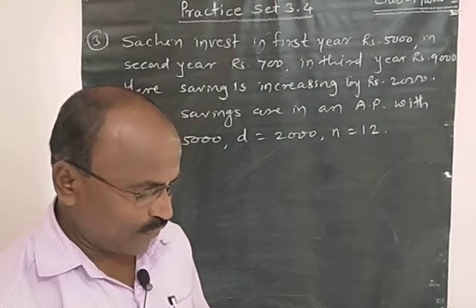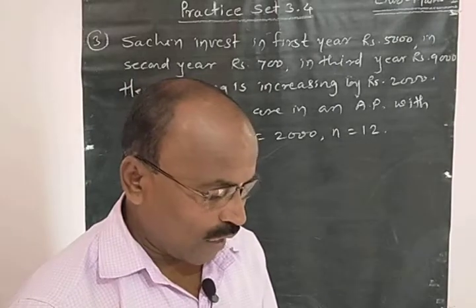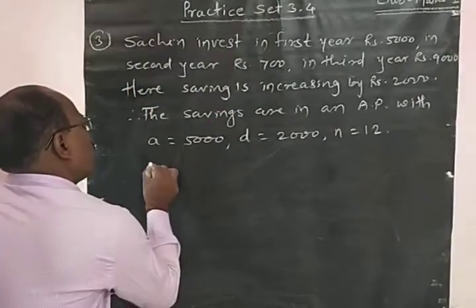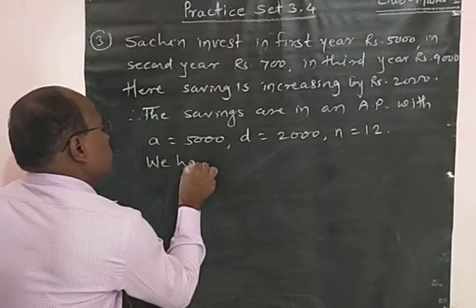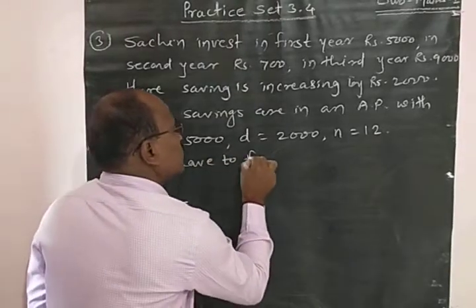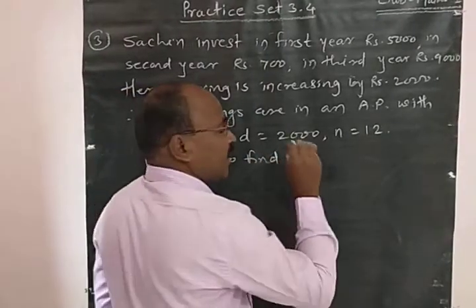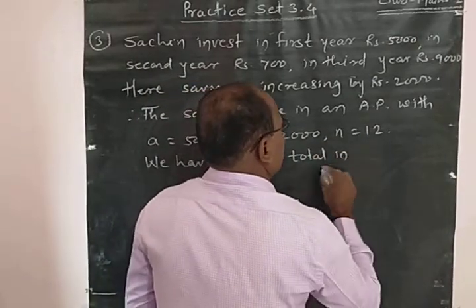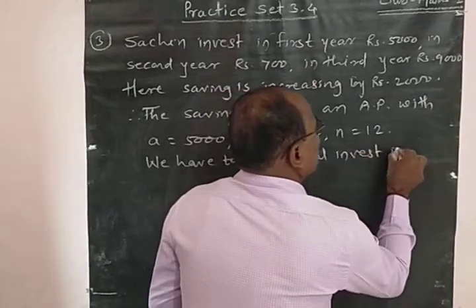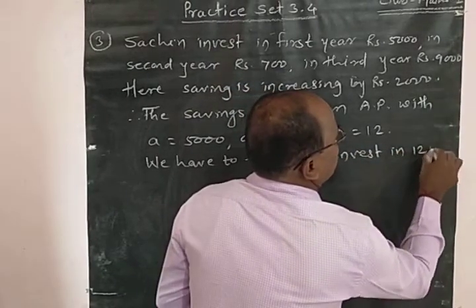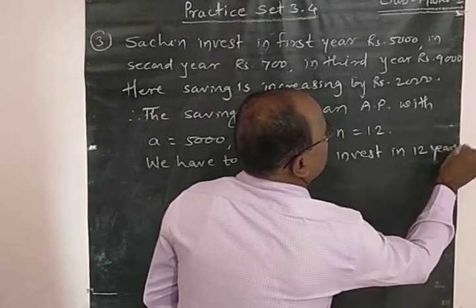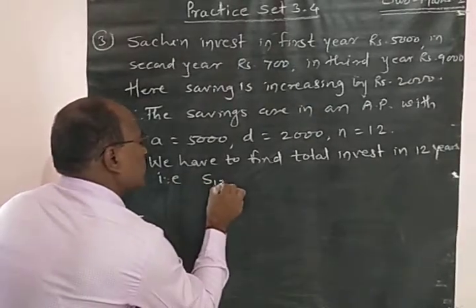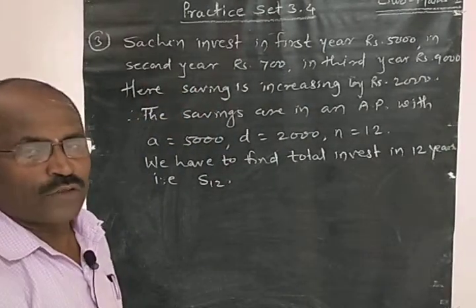Here what is to be found? Find the total amount that he invested in 12 years. So we have to find total investment in 12 years, that is S12.